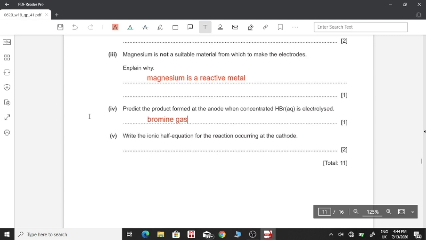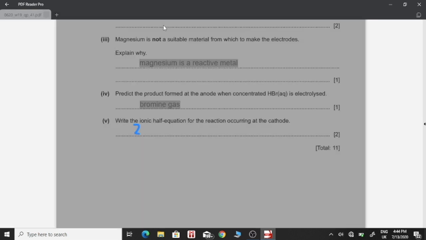Part 5, write the ionic half equation for the reaction occurring at the cathode. So cathode is going to be attracting hydrogen, with positive attracting towards negative. So we have our ionic equation in this form. As you can see, hydrogen always exists in the form of diatomic molecules.